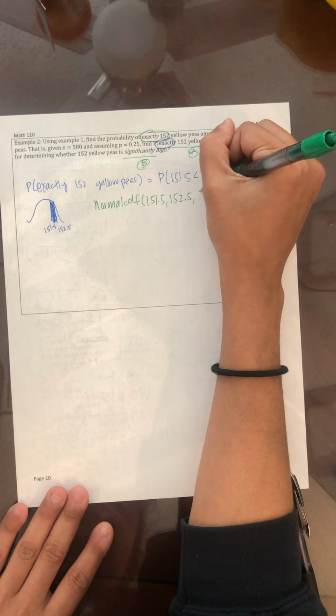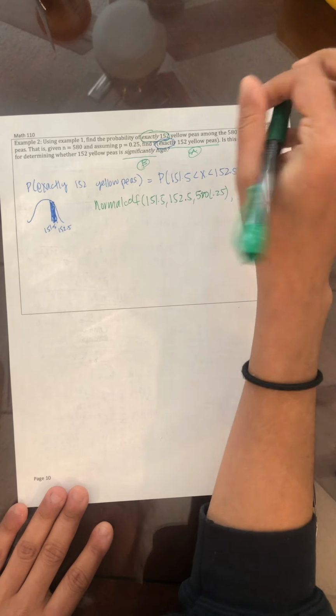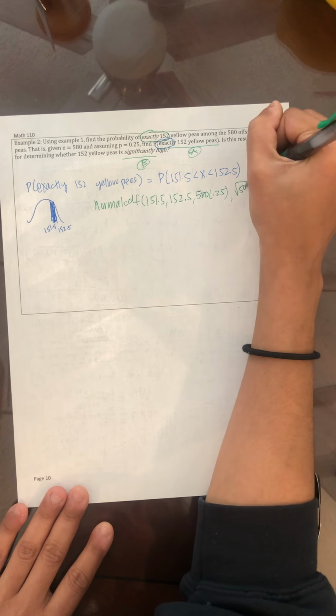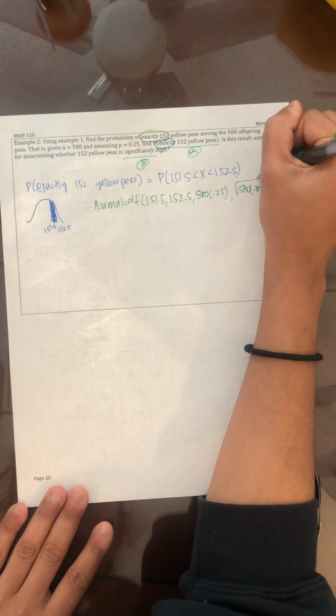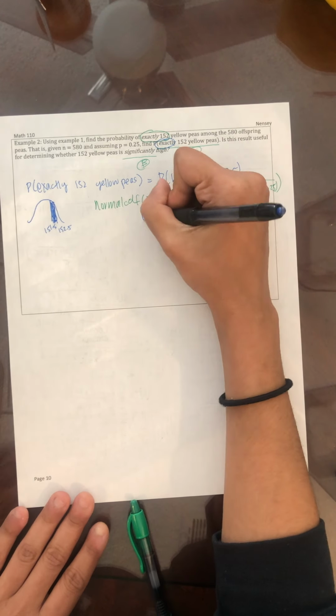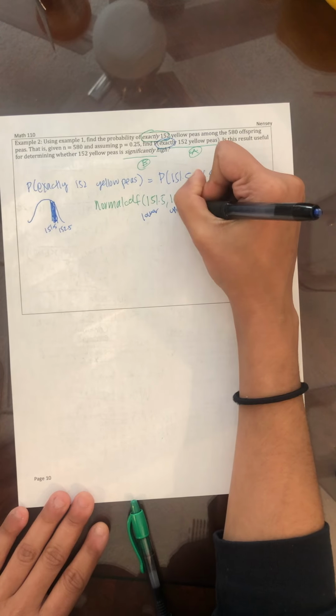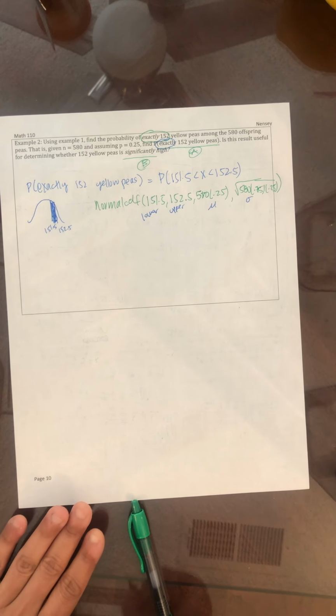My mean, if you remember, is 580 times 0.25. And my standard deviation was the square root of 580 times 0.75 times 0.25, all in a big square root. And then I want to label it. So this is lower, upper, my mean, and my sigma.